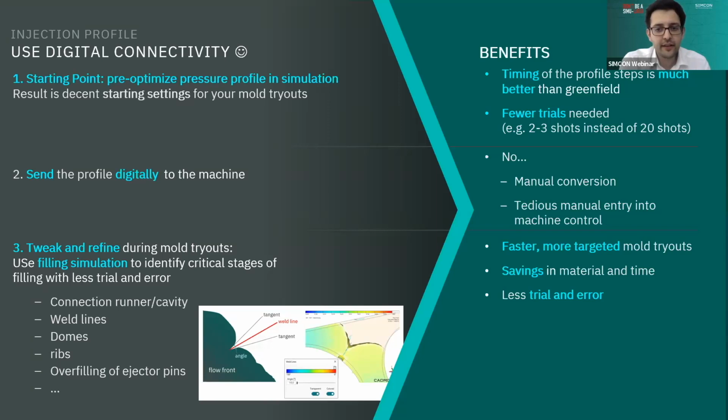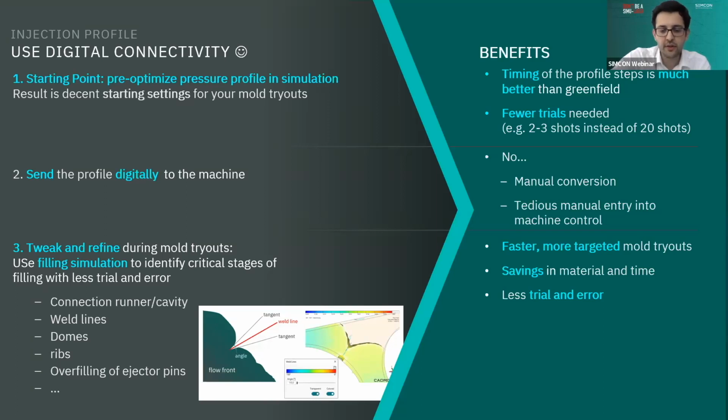The fine adjustment on the machine still has to be made, so there still have to be some trials at the machine, but you can focus much more quickly on critical areas because you know where critical areas are on your part. So for example, if you have a weld line somewhere on the part and with specific parameters it can be avoided, then you can just look at this part of the part itself, and not have to do a full setup or trial run.